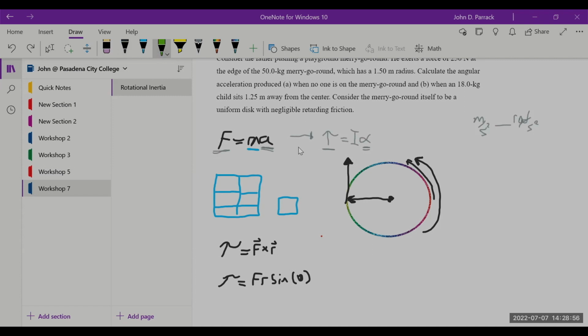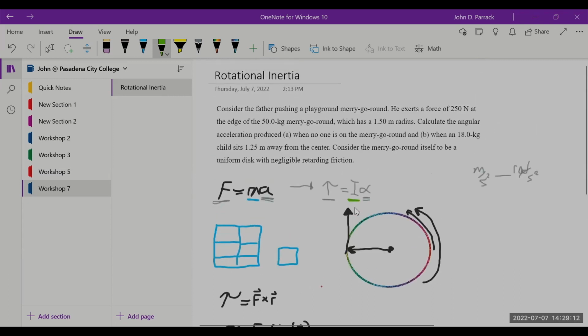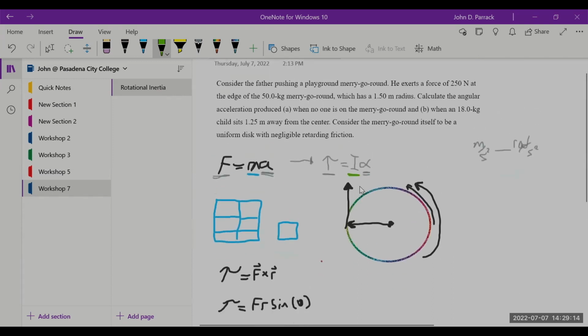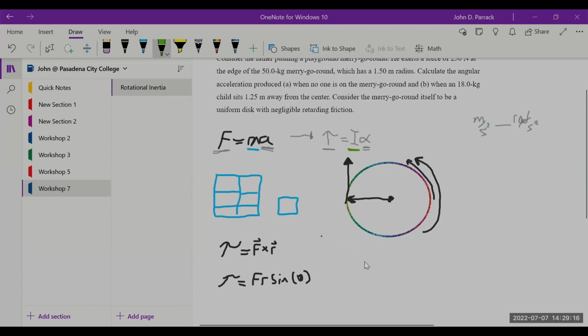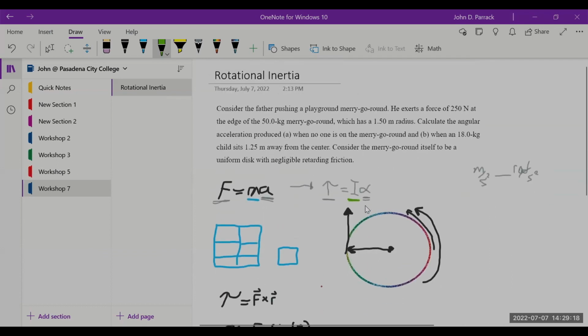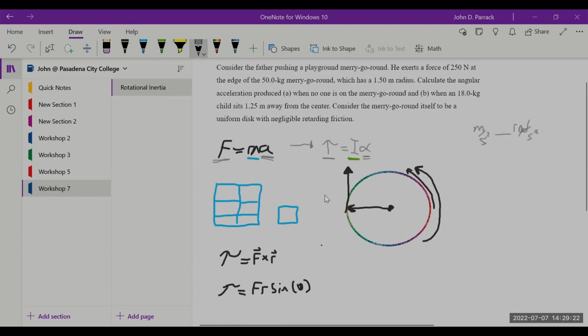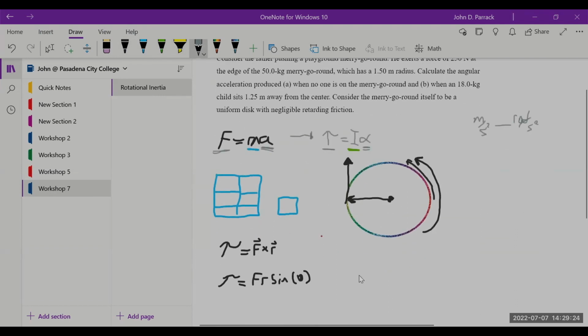So the final piece, and the main focus for today, is this I. I've already touched on a little bit how mass is an analog for this quantity I. Let's talk about what this I is. Sometimes you'll hear it called the moment of inertia. I think that's a bit of an older term. I don't hear it as much anymore, and I don't like it as much either. A better term, I think, is rotational inertia.